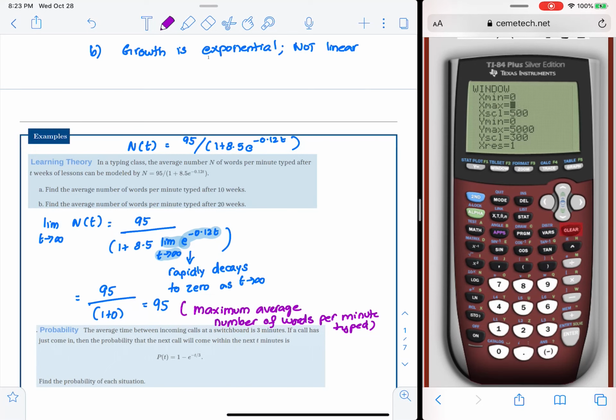So x max, we'll call it 100, and we will increase in steps of 5 or 10.